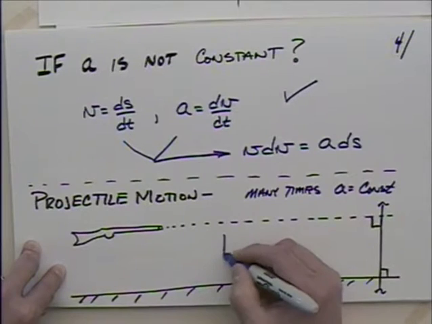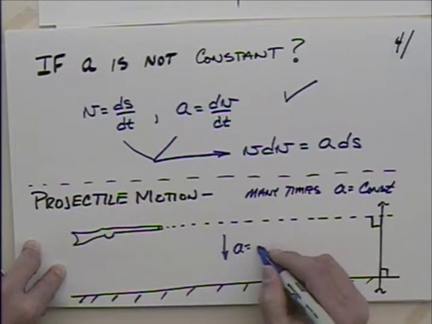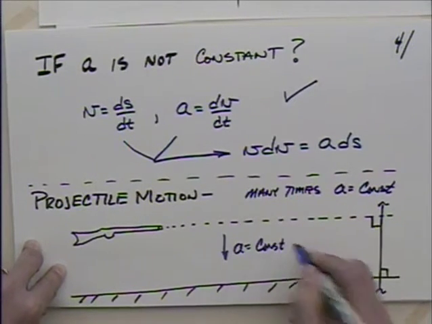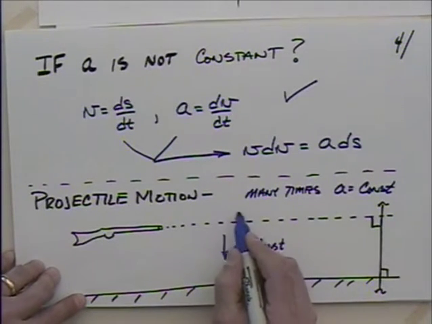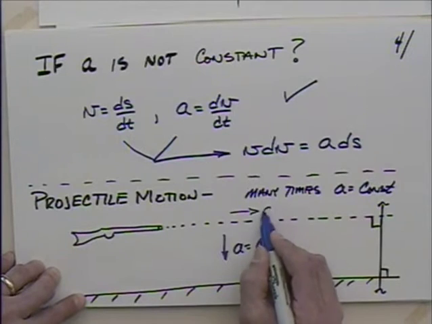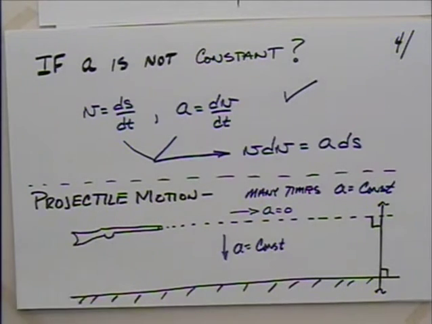Certainly in the downward direction, we look at A being equal to a constant. That's the acceleration, right? And we're going to try and keep life really easy and talk about the acceleration in this direction, that A is equal to 0. We're going to neglect air drag. And we're going to say that that projectile is not slowing down in the horizontal direction.